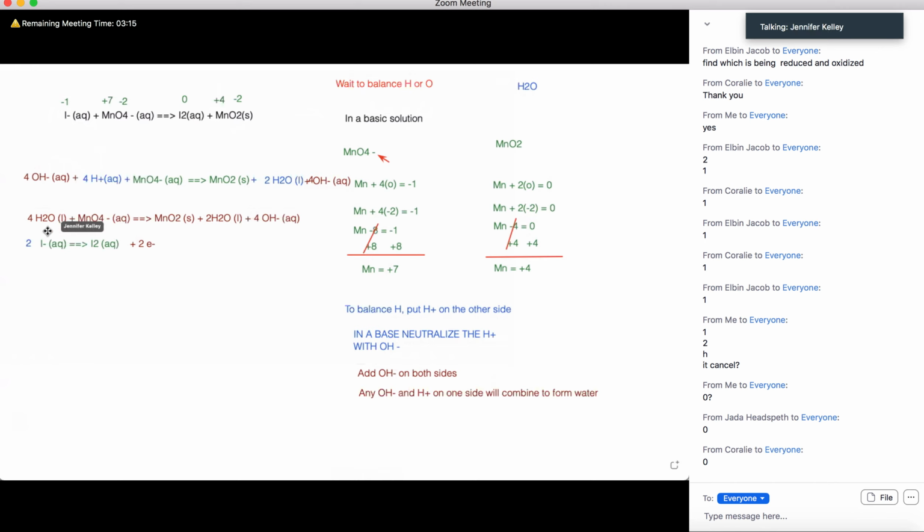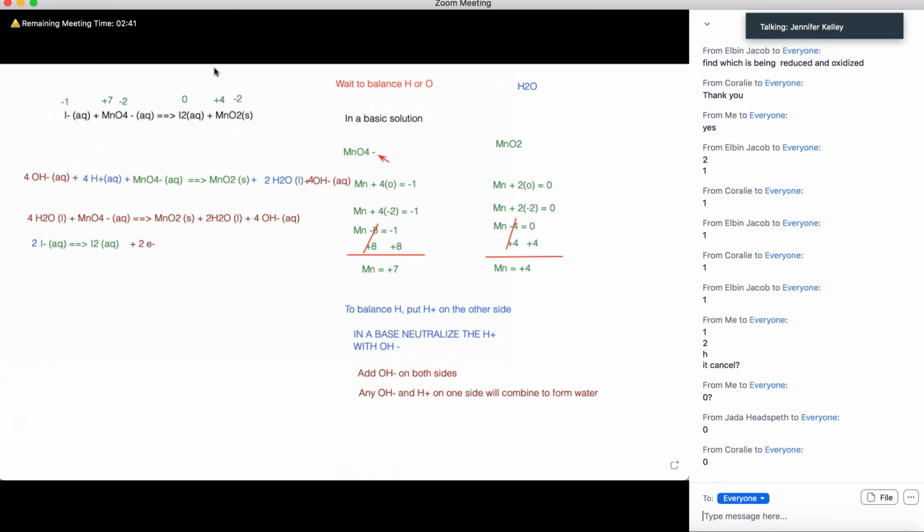All right, let me move this to plug in. Okay, so with the water and manganese and everything, all of the H's have a +1 as their oxidation number. All of the oxygens have a -2. So the H's and the O's don't really matter as far as when we're trying to count up how many electrons to add.